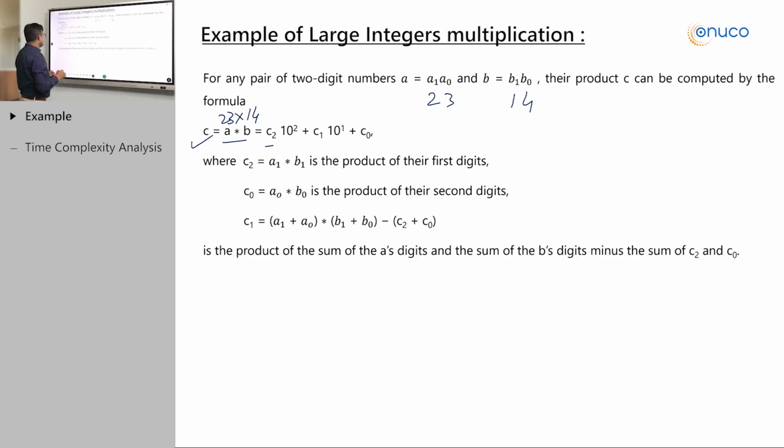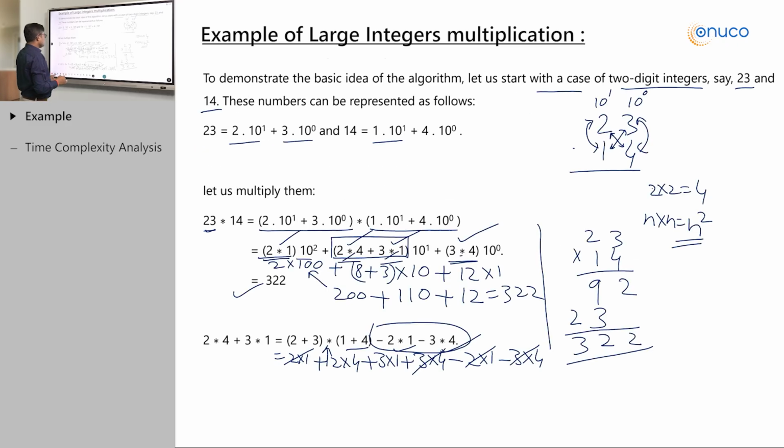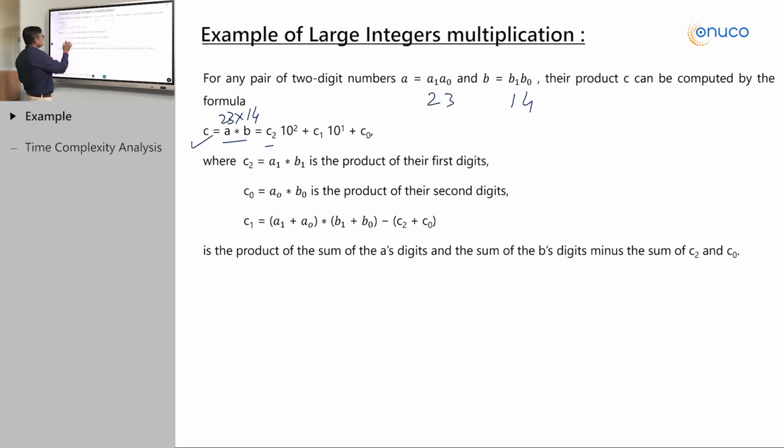If we see our previous solutions here, we have 10 square, 10 to the power 1, and 10 to the power 0. So these are C2, C1, C0, right? Now how are you going to represent this? In place of C naught, as I said, we are going to multiply A naught and B naught.